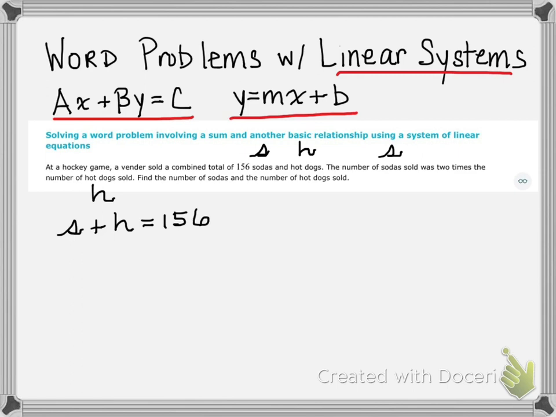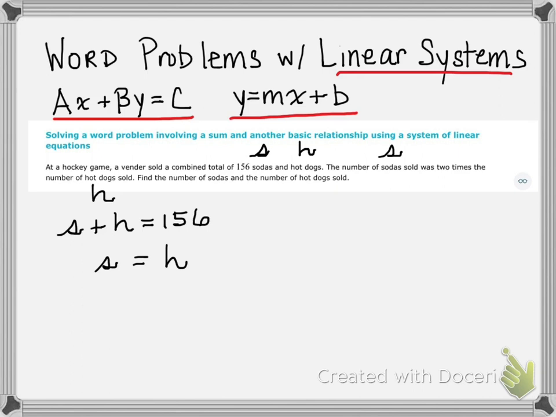The way that I like to do this is to say I'm going to set sodas equal to hot dogs. Now I know that the number of sodas sold is not equal to the number of hot dogs, so how do I need to operate upon this equation to make it equivalent? The number of sodas sold was 2 times the number of hot dogs.